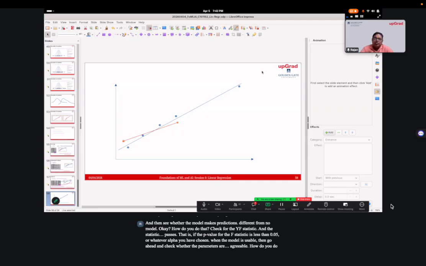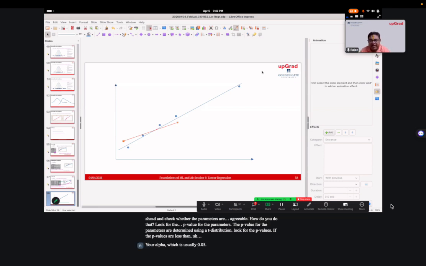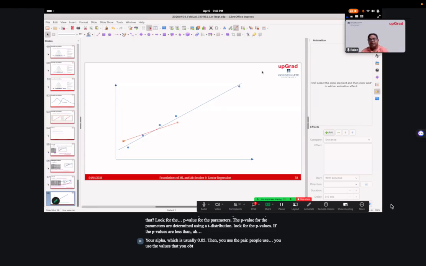How do you do that? Look at the p-values for the parameters. The p-values for the parameters are determined using a t-distribution. If the p-values are less than your alpha, which is usually 0.05, then you reject the null hypothesis that the parameter value is actually 0.